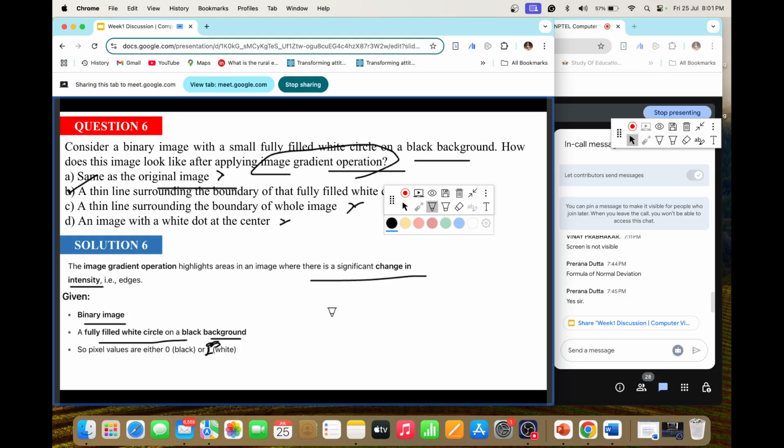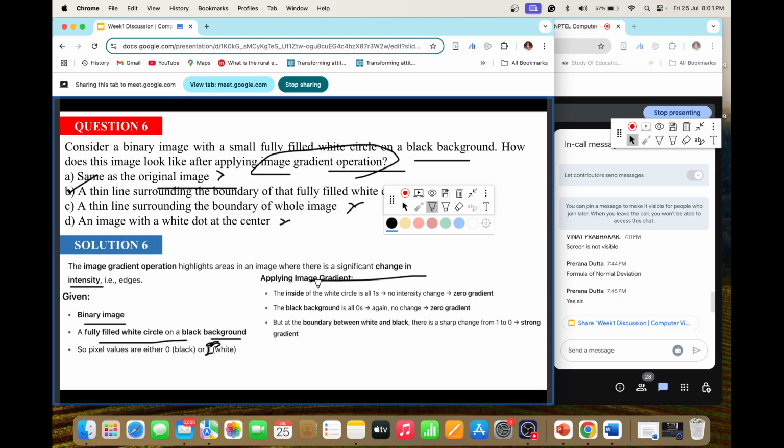Inside the white circle all pixels are 255, so that means 0 gradient. The black background is 0, again no change.